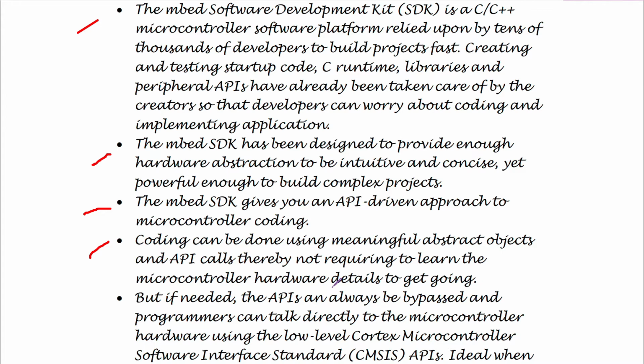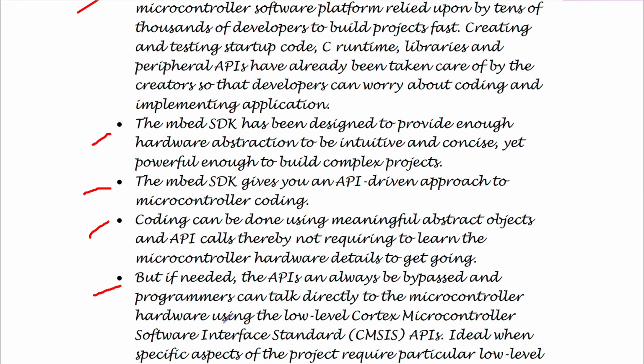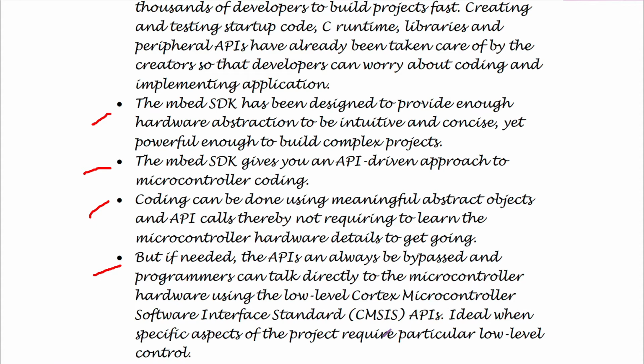If you want to go deep into the microcontroller architecture, know about its register set, and work at the core level, then you can do that as well. You can bypass the APIs entirely and directly talk to the microcontroller hardware. For that we have something called CMSIS, that is the Cortex Microcontroller Software Interface Standard APIs.